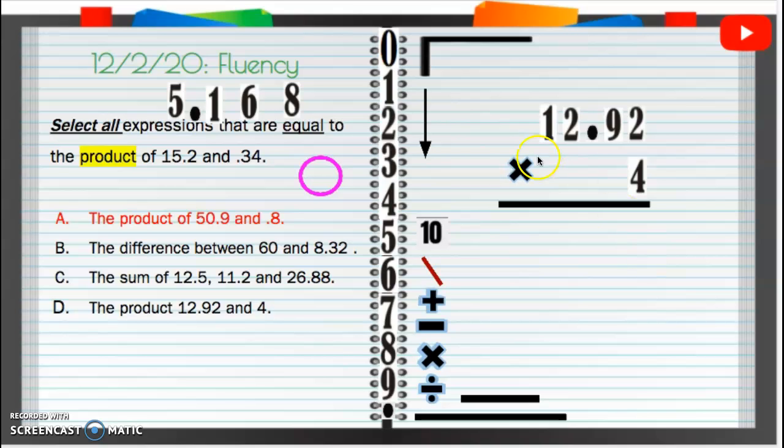All right, so 4 times 2 is 8. 9 times 4 is going to be 36. I'm going to carry that 3, drop that 6. 4 times 2 is 8 plus 3 is 11. Carry that 1, drop that 1. 4 times 1 is 4 plus 1 is 5.